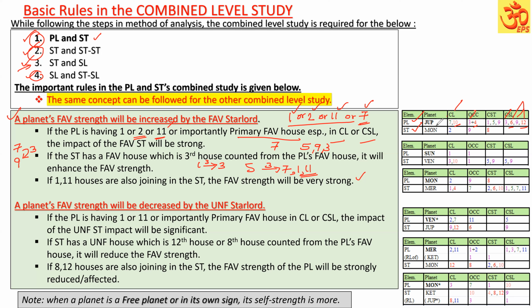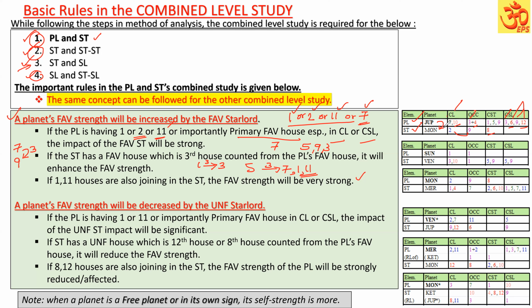Now we are going to talk about the planet and nakshatra lord, Moon, combined level study. The star lord is having 2, 9, and 8th cuspal sublord. That is, 8th cuspal star lord. Second lord occupying 9th house. It means what? The planet is having 7, 3, 1, 5, 9, 3, and 9, and also some unfavorable grouping.